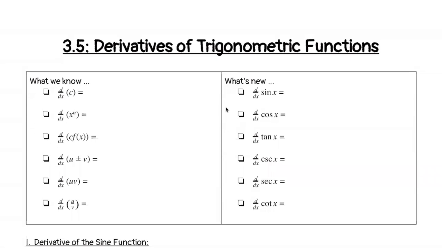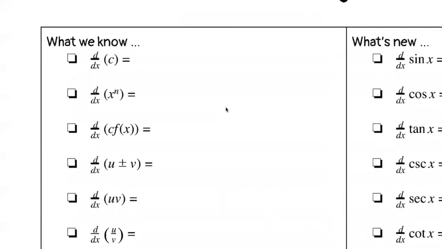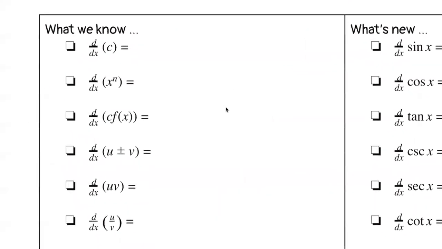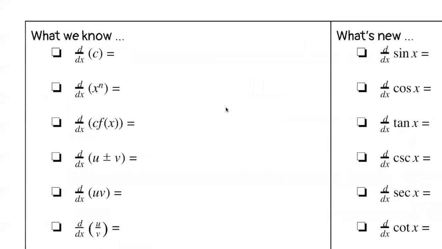But before we get to all those, let's take a look at what we know, all right? So as always, we will lead with our strengths, think about what we know and how we can use that to continue to build on other things, all right? So over on the left, I have put down a bunch of rules that we've learned so far.